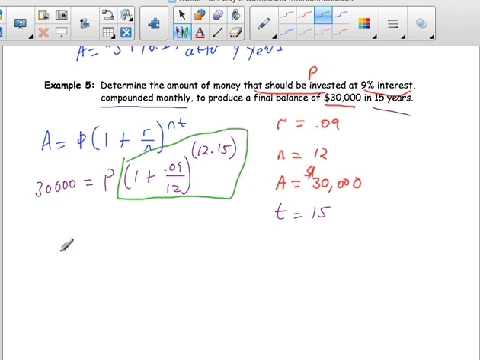So if we want to isolate P, we can divide both sides of our equation by that complicated expression. So we'll get 30,000 divided by 1 plus 0.09 over 12 to the 12 times 15 is equal to P. And our calculator doesn't mind if we enter it in that format. So let's go ahead and do that.